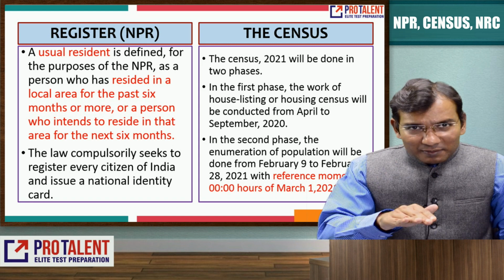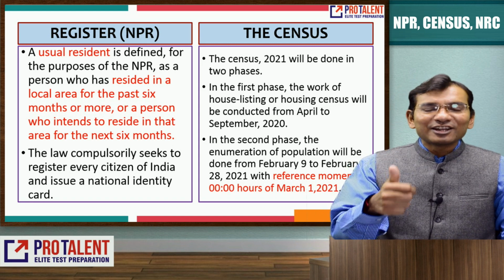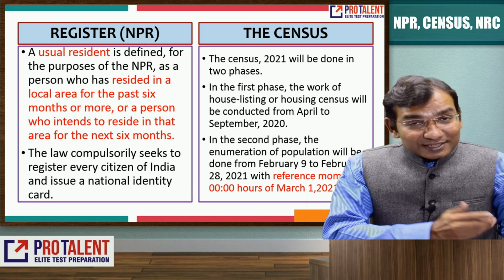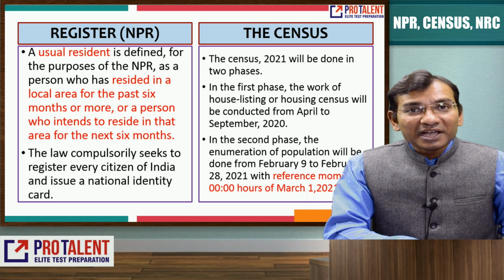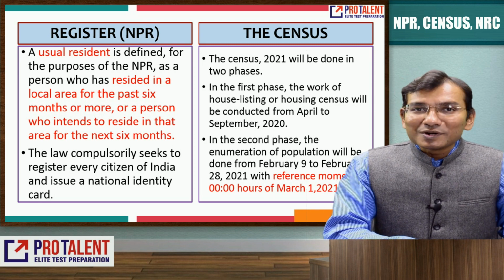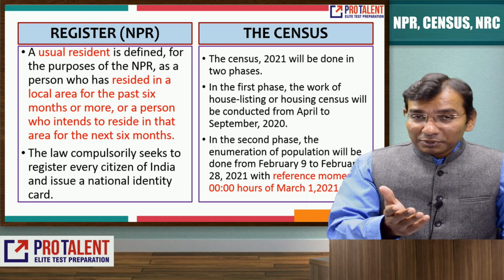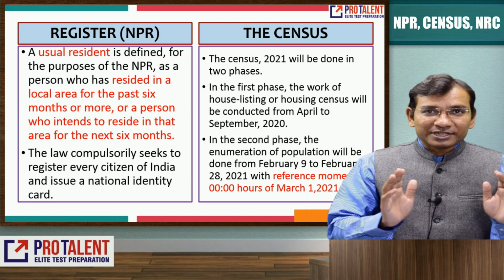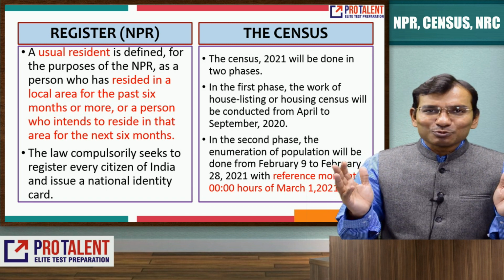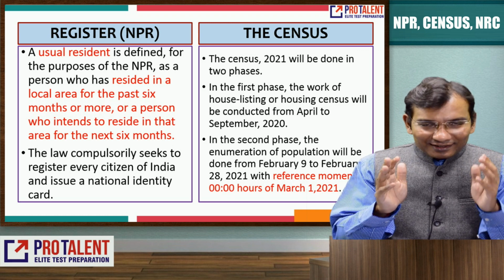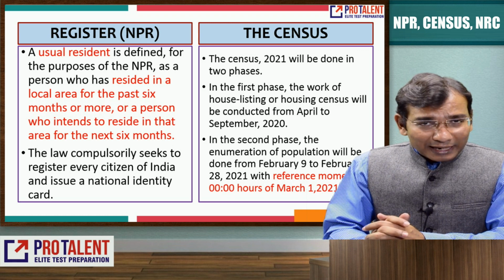So this may be a base to create a national identity card. इसीलिए तो बोला जाता है that NPR would be a first step towards NRC. Yes, बिल्कुल पॉसिबल है, बट अभी उसके बीच में कनेक्शन गवर्नमेंट ने कुछ बोला नहीं है, so we will avoid saying that.